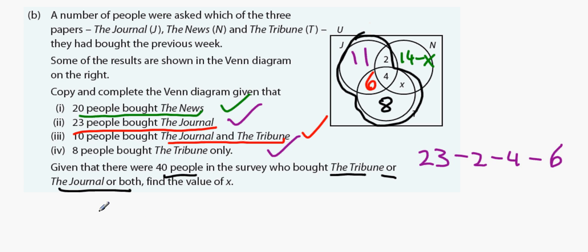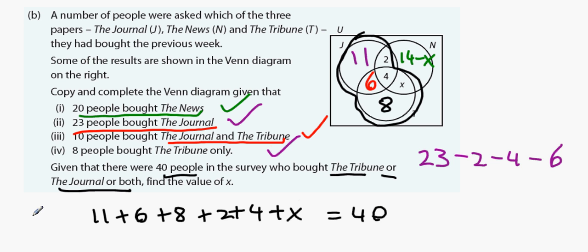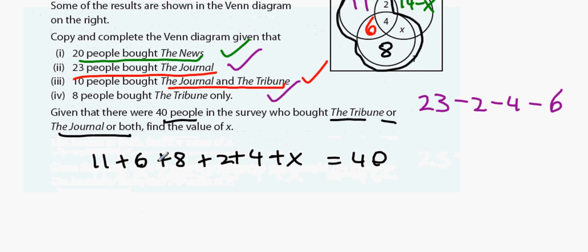So all we have to do is say 11 plus 6 plus 8 plus 2 plus 4 plus x equals 40. So what we're going to get here is 17 plus 8 plus 6 is 31 plus x equals 40. X is going to be equal to 9.